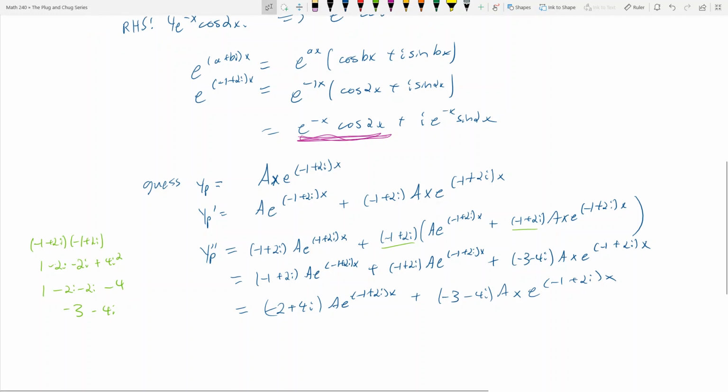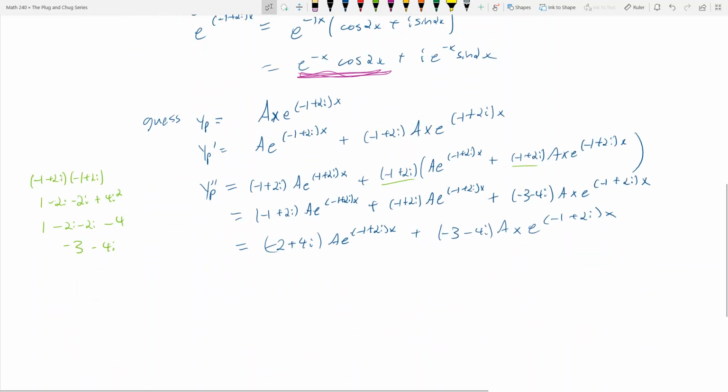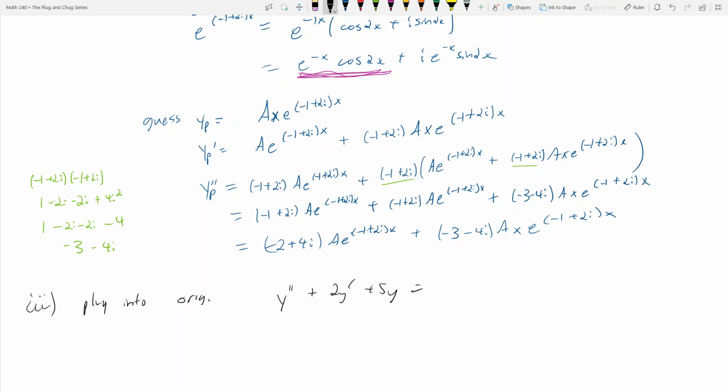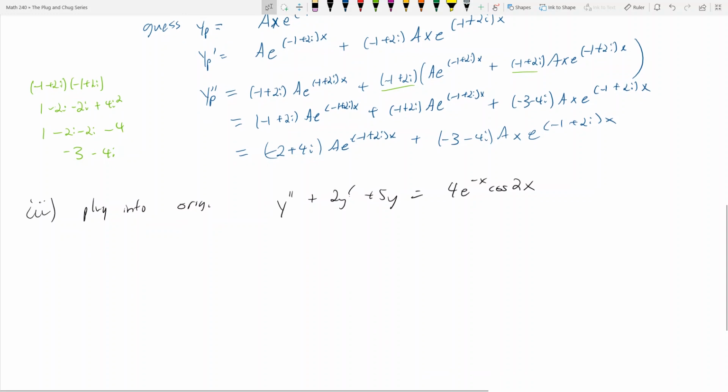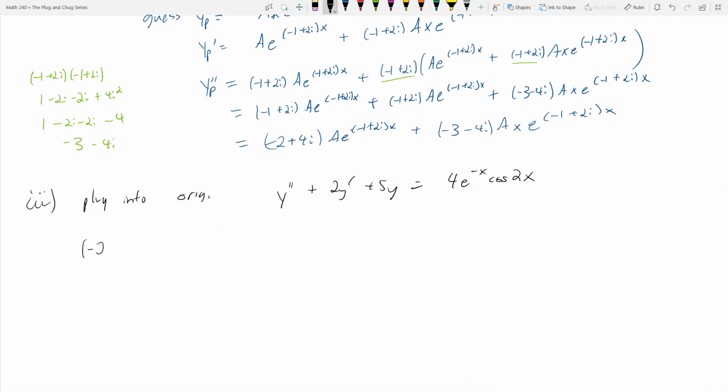Cool. Now, we got to plug these in. So step 3 is to plug into the original equation, which, if you don't remember, was y double prime plus 2y prime plus 5y equals 4e to the negative x cosine 2x. All right. And so we get (-2 + 4i) a e to the (-1 + 2i)x plus (-3 - 4i) a x e to the (-1 + 2i)x.